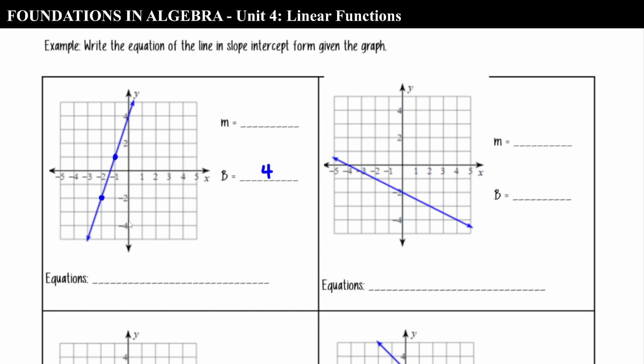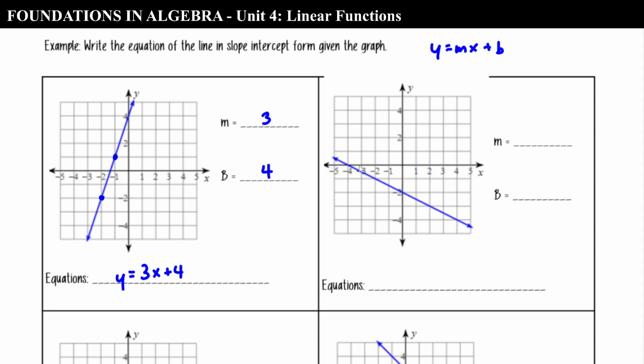Just find 2 points to work off of along the line. We go up 1, 2, 3, and over 1. So rise over run is 3 over 1, which would just be 3. So our equation would be y equals 3x plus 4, because remember, we are using y equals mx plus b as our form.